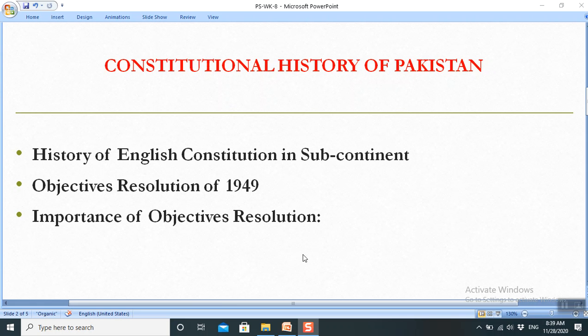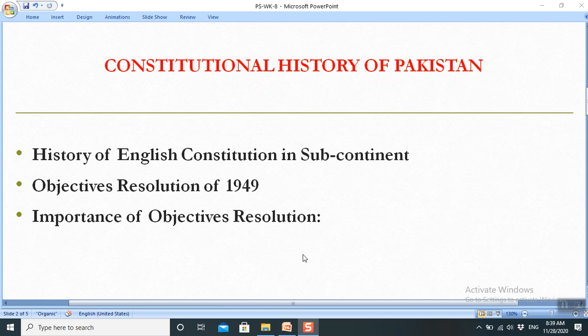Whereas Pakistan, just for the time being, took that constitution, made modifications, and tried to run the business of government. Perhaps the Muslims might not have been sure that they would be able to achieve the country, or at least they were not ready to have a ready constitution.